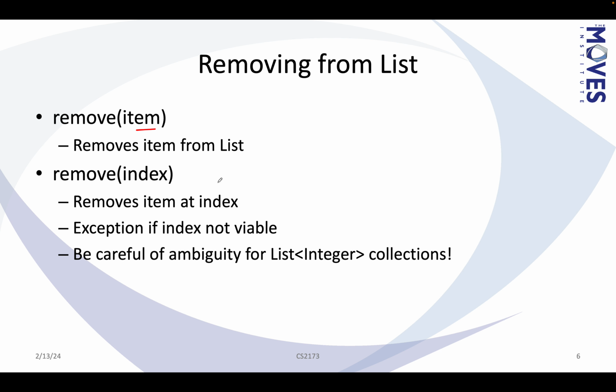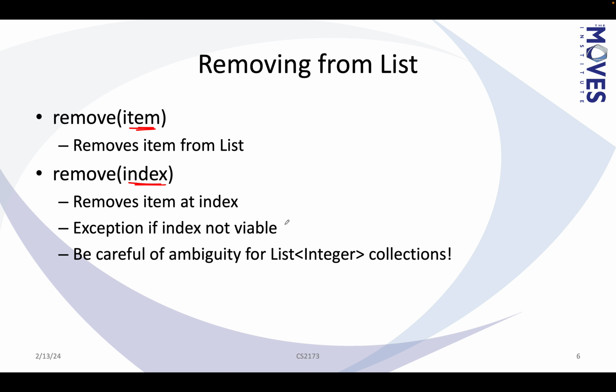Or I can say remove 5, and so it'll find the guy at 5 and remove that one, regardless of what it is. So here, I need to know which item I'm removing. And for this, I can just say, yank the guy at this particular index.